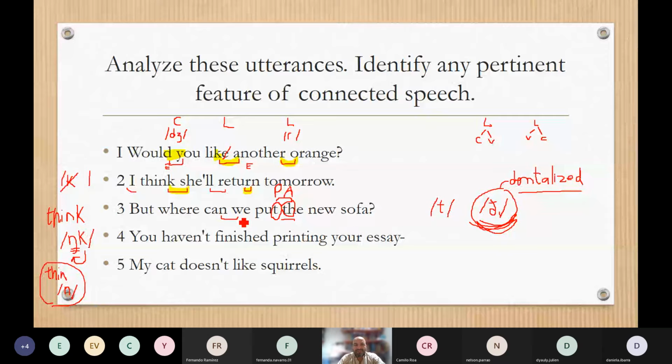If you think there's assimilation, it can go forward, progressive, meaning n is influencing w, or it can be regressive, backwards, meaning that w is influencing the n. What do you think? Can we? But where can we?